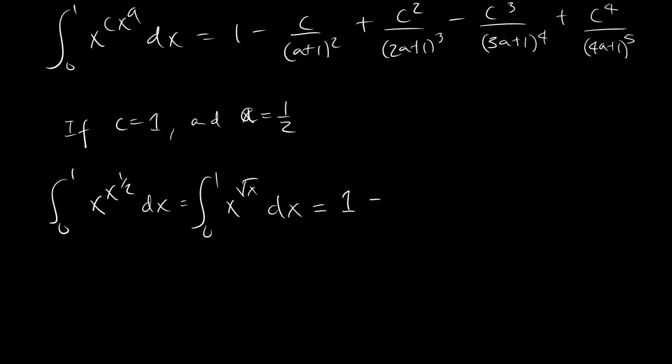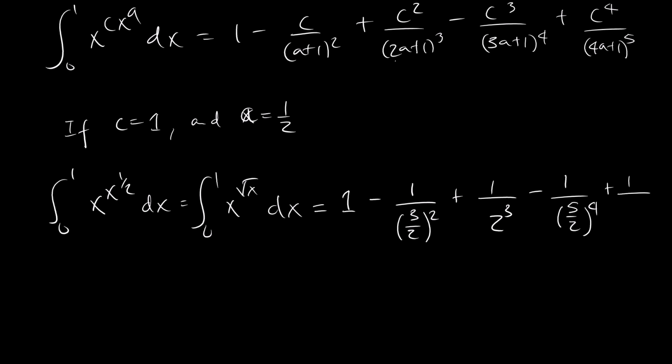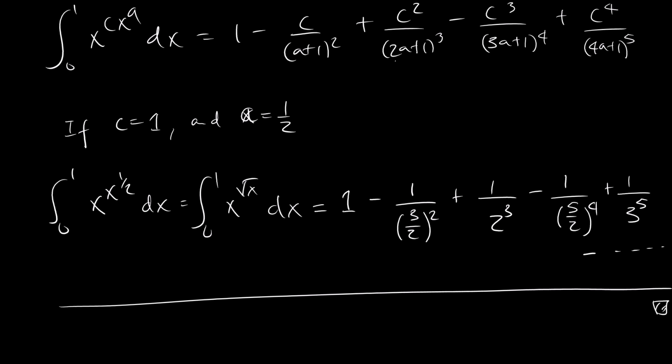That remains the same, so we have 1 over 3 over 2 squared plus 1 over 2 cubed, because here we have 2 times a half, which is 1, and then here we have 1 over 3 over 2 plus 1, which is 5 over 2 to the power 4, 1 over, so that is 2 plus 1, which is 3 to the power 5, and so on and so on. So let's probably stop there for now.